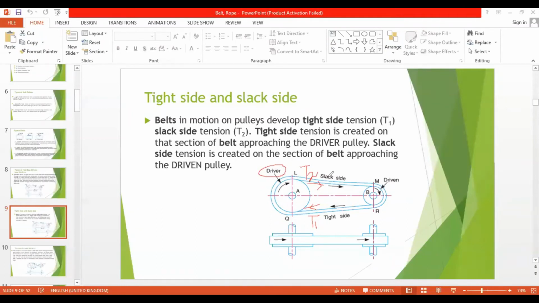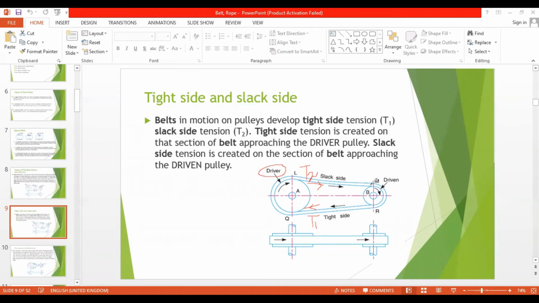So the tight side tension is created on the section of belt approaching the driver pulley. Similarly, slack side tension is created on the section of belt approaching the driven pulley. So tight side approaching the driver pulley, slack side either leaving from the driver pulley or approaching the driven pulley.